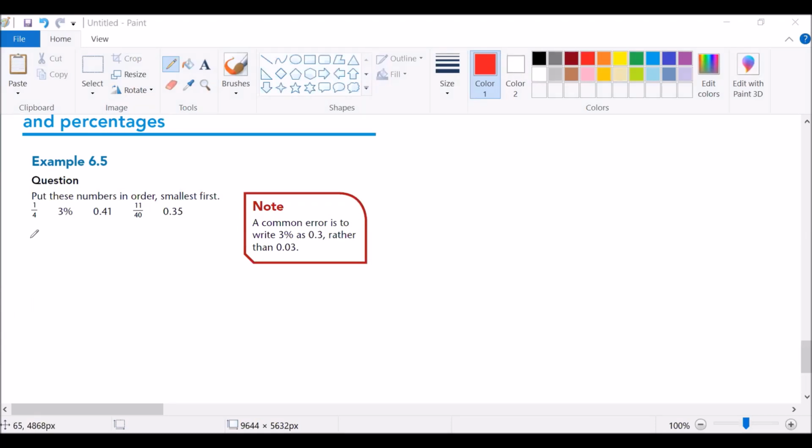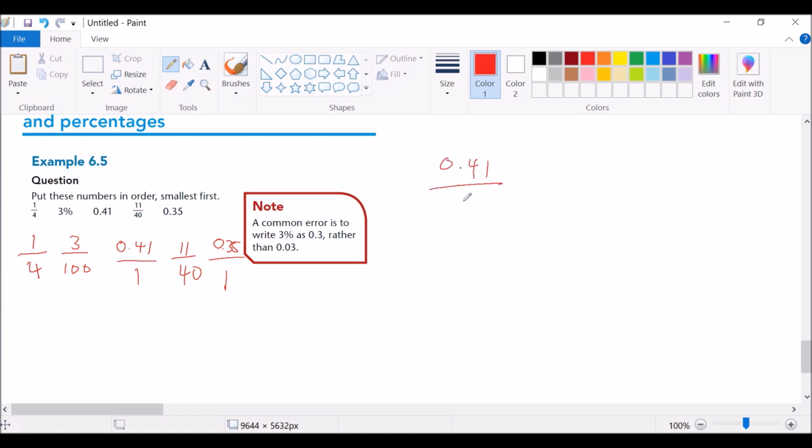So 1/4, we'll leave it as 1/4 for now. 3% is 3/100. 0.41 is 0.41 over 1. Then 11/40. Then 0.35 is 0.35 over 1. So we need to convert these into vulgar fractions.